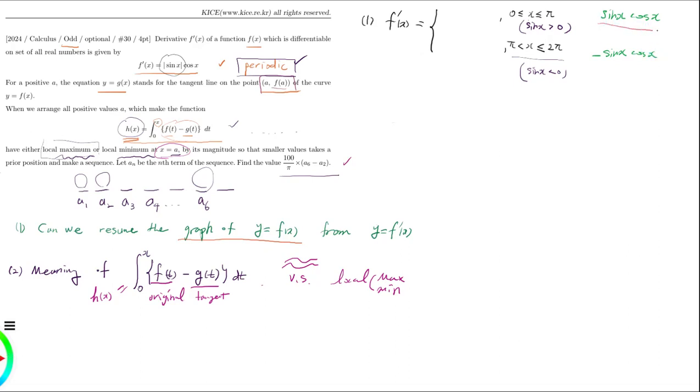And here we could figure out that this is 1/2 times sine of 2x.